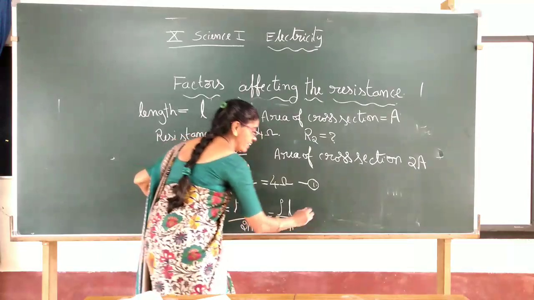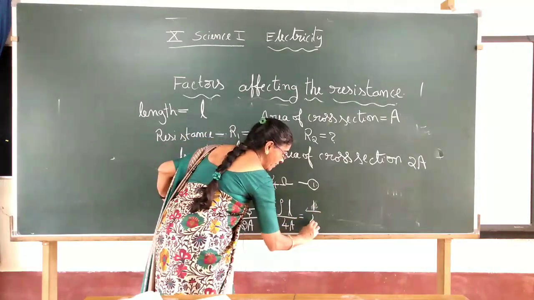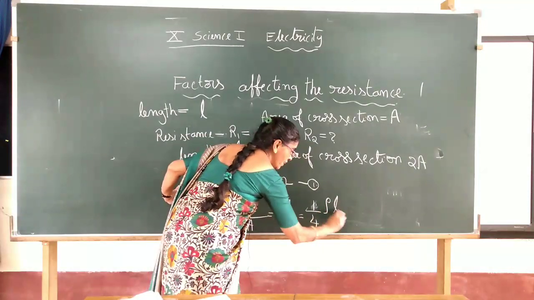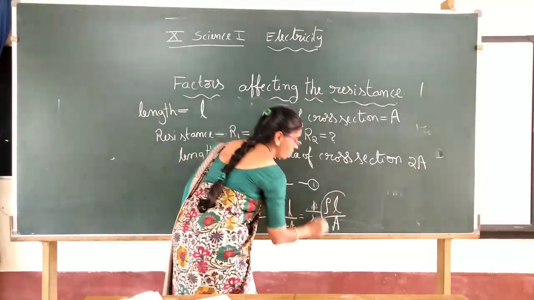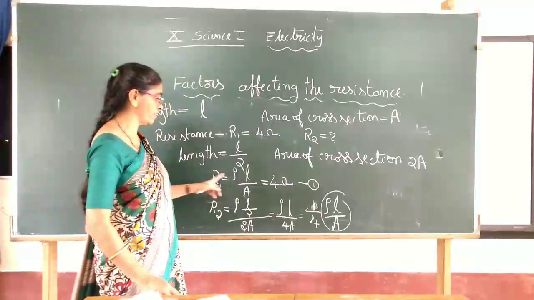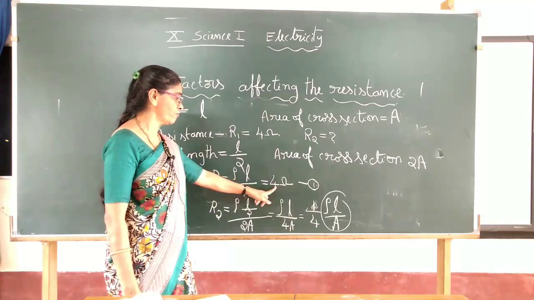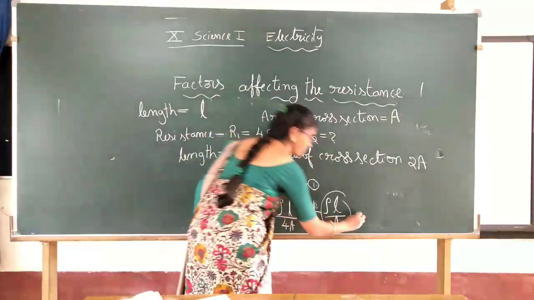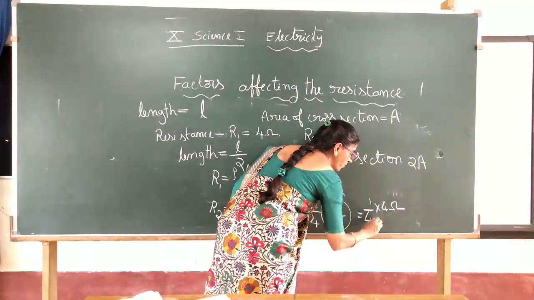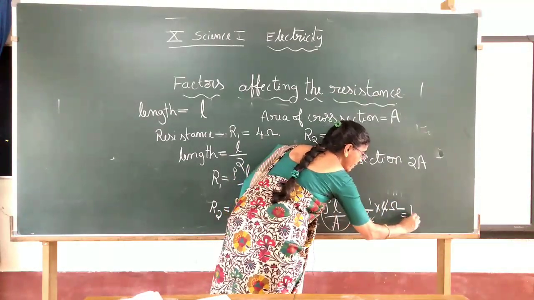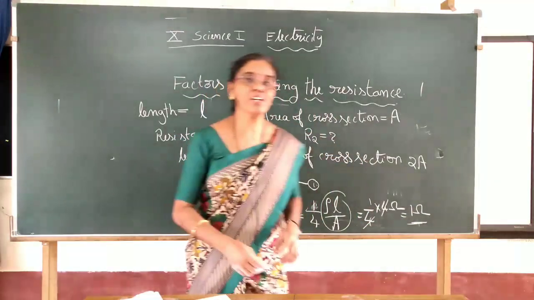Or I can write 1 by 4 outside, then rho L by A, which is what we got in equation 1, nothing but R1, 4 ohm. So it is 1 by 4 into 4 ohm. If you cut this, you will get 1 ohm. So resistance R2 is 1 ohm.